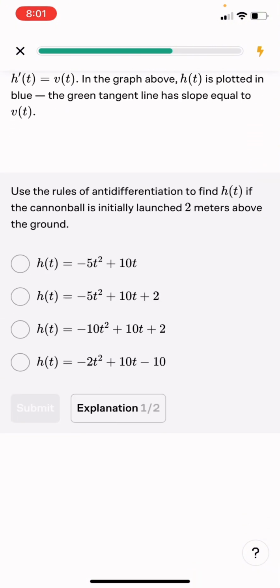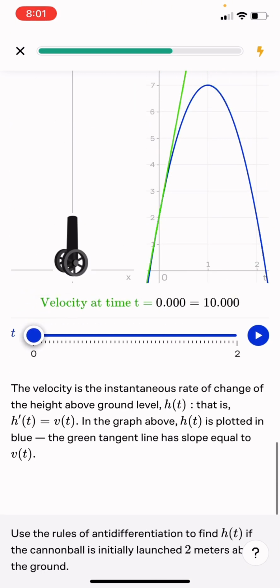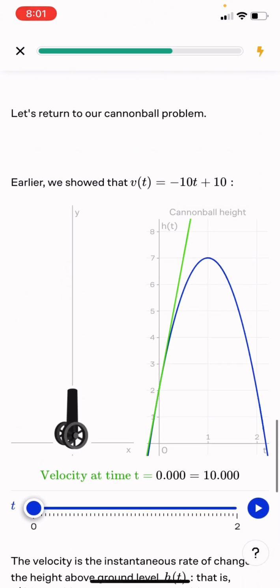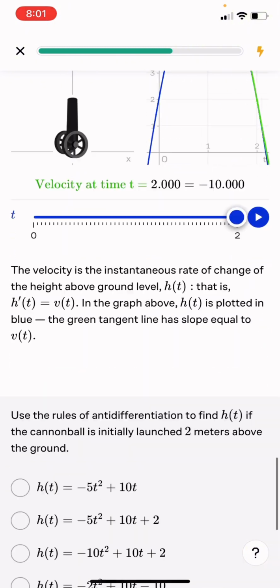Using the rules of anti-differentiation, find h(t) if the candle is initially launched 2 meters above the ground. This is going to be hard. Actually, 2 meters above the ground, just like this.